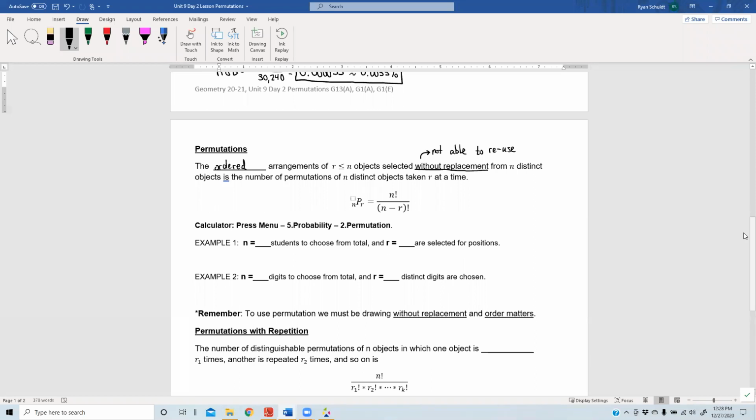So the formula for that is N factorial over N minus R factorial.